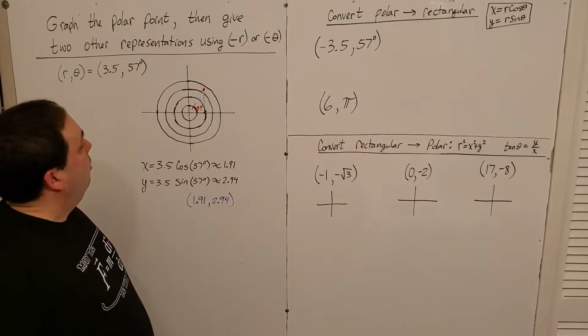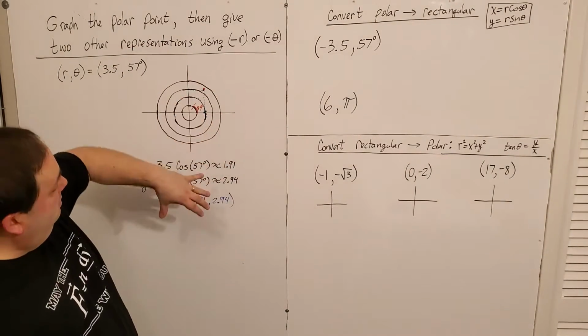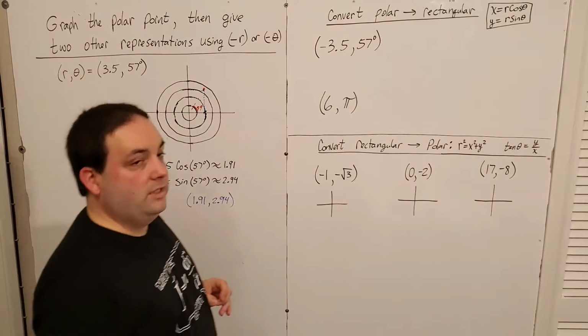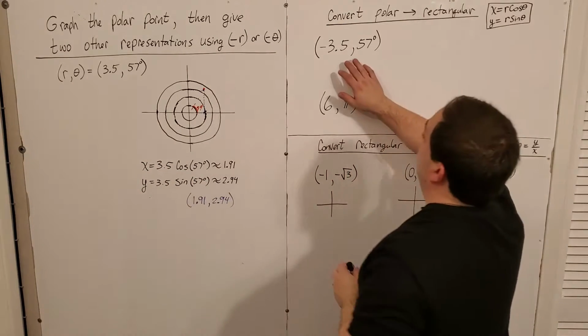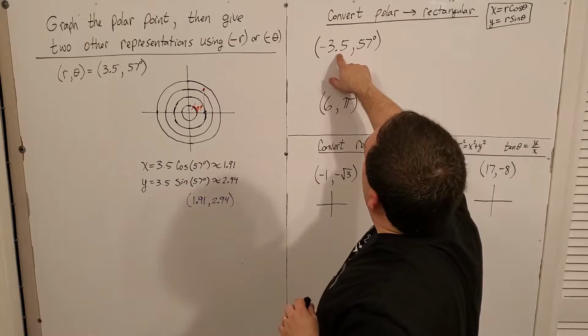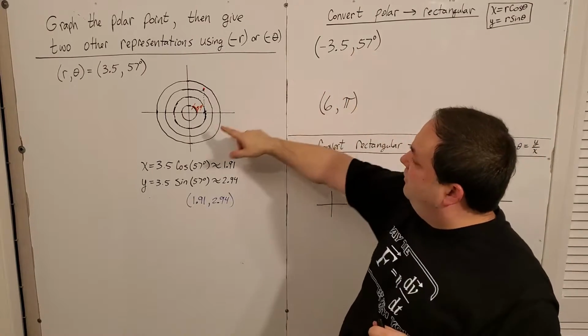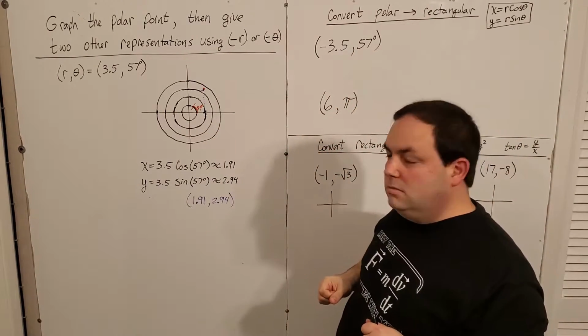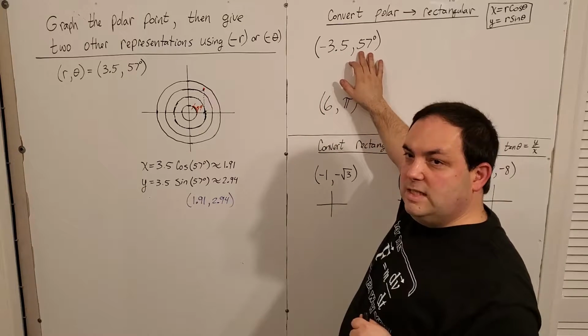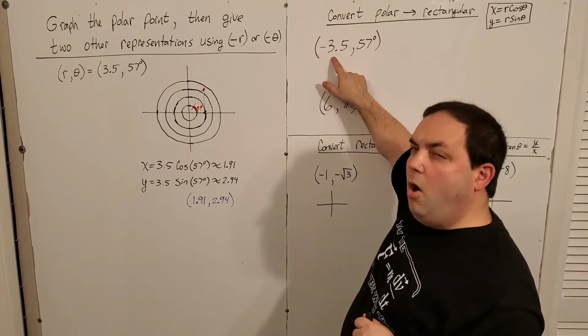Well, while we're on that scheme, let's go ahead and convert these other two right here, right? I want to convert negative 3.5 comma 57 degrees. Well, what's the relationship to this point from this one? It's the same angle, isn't it? But it's got a negative r.